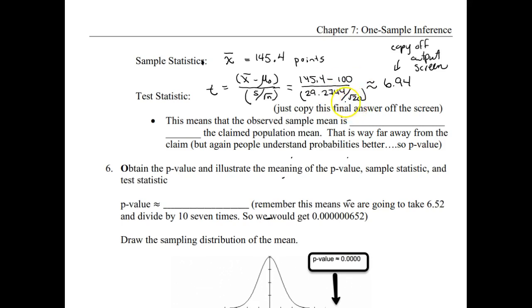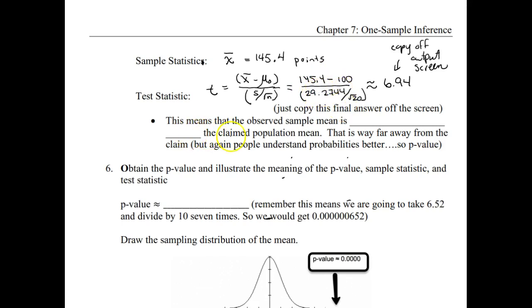If we find an unusually high value or an unusually low value, it's taking into account that we have a small sample size, and it's considered there's enough evidence in just 20 data points to consider it to be unusual. If we just write down t is approximately 6.94, we kind of lose sight of the fact that it's taking the standard deviation and the sample size into consideration when it's trying to determine if this 145.4 is unusually high or not.